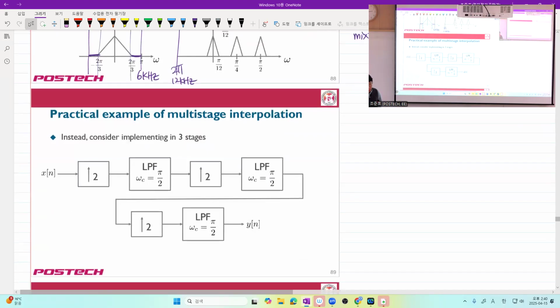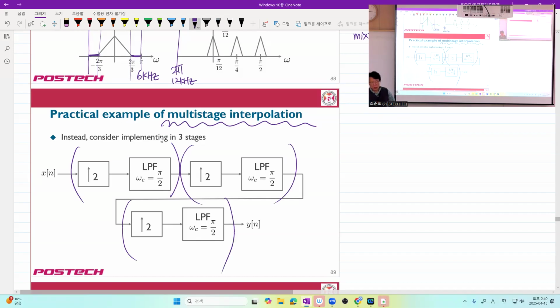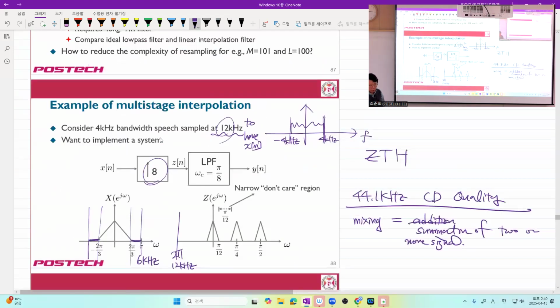Anyway, there are many multi-stage or filter bank representations in this course. And here we have multi-stage, first, second, third stage, that is equivalent to this single stage filter. By the way, usually it's not easy to have a very sharp filter.